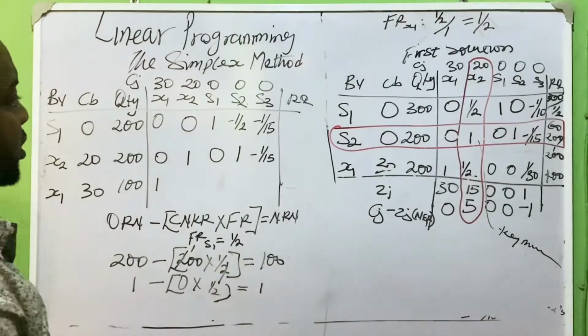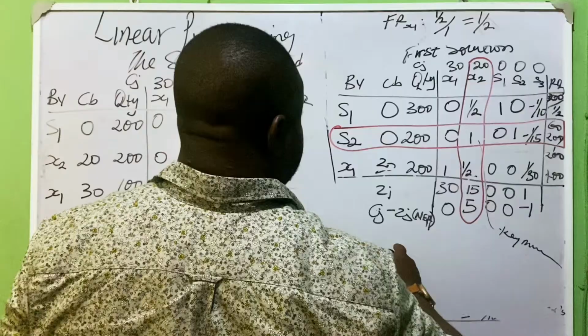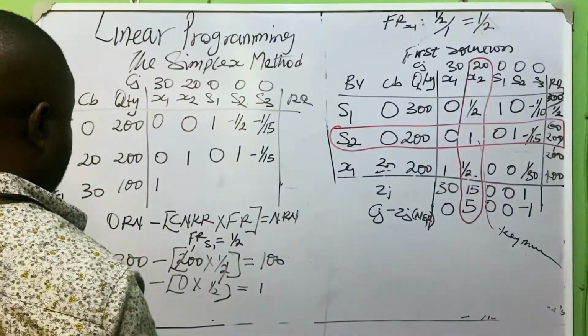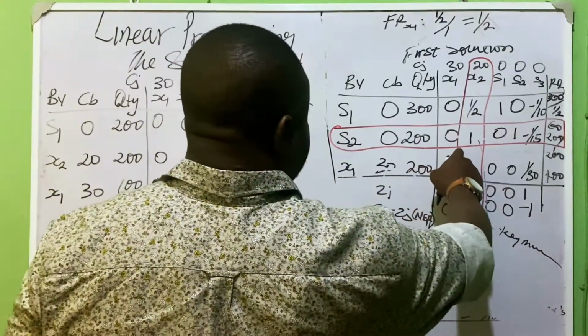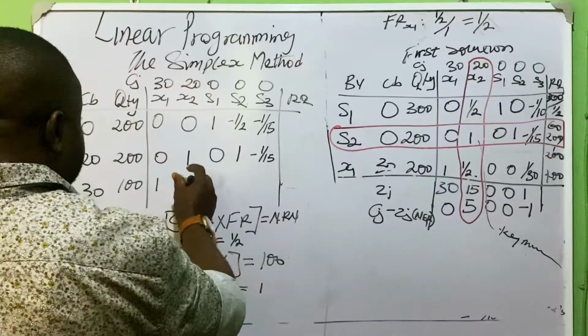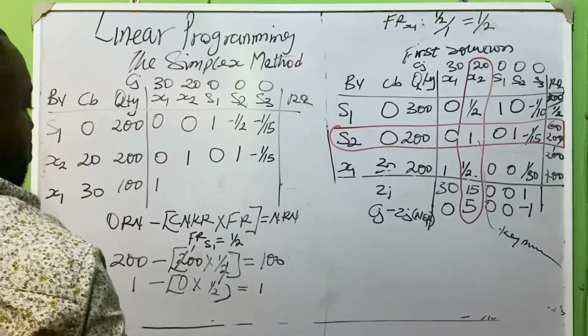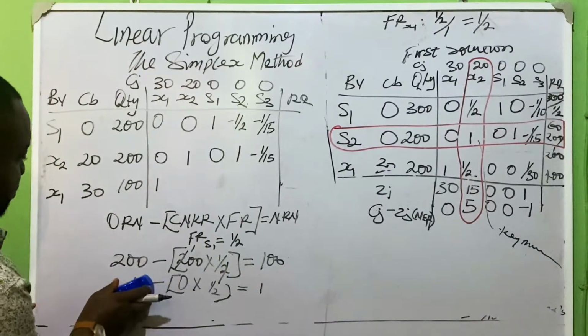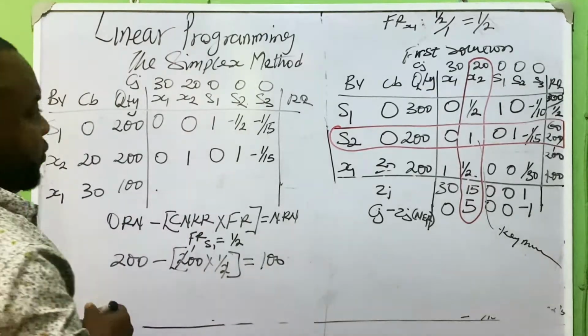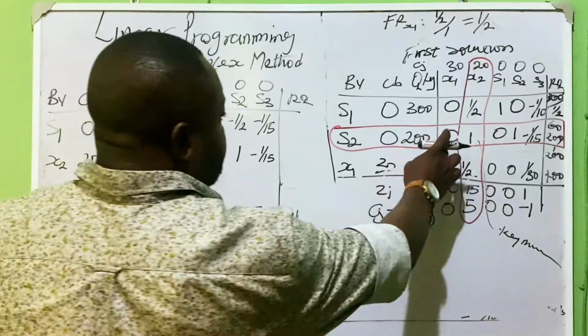Then the next will be to transform this 0 first.